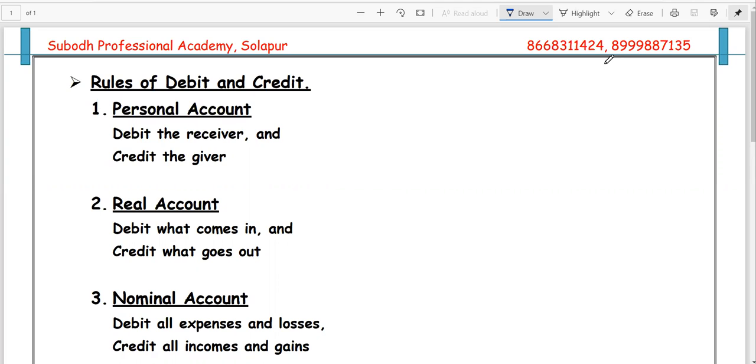The revised timing I shared on WhatsApp 3 days ago, that we will continue on Monday at 7 a.m. Some of the students have forgotten that Monday has come. We will wait for 1 more minute, and then we will continue with the ledger topic.